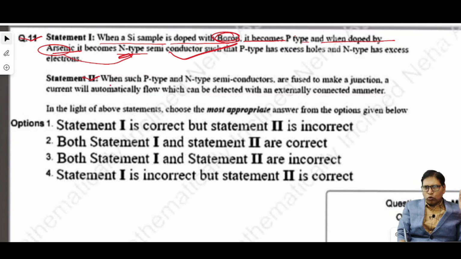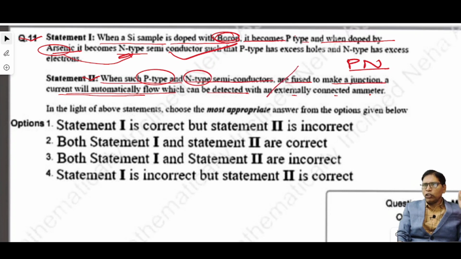Now statement 2. When such p-type and n-type semiconductors are fused to make a junction, current will automatically flow, which can be detected with an externally connected ammeter. No, the p-n junction is not formed by fusing separate p-type and n-type semiconductors. So this statement is wrong. Therefore, statement 1 is correct and statement 2 is incorrect. Look at this, this is option 1.